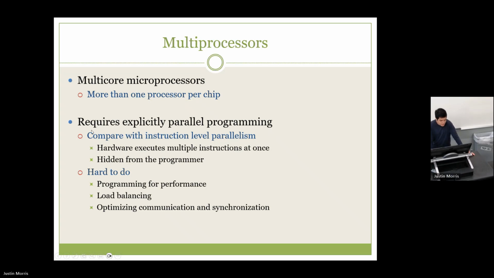And the thing with multi-core processors is that in order to take advantage of them with your programming, you need to write parallel programs. And most people still don't write parallel programs. Okay.